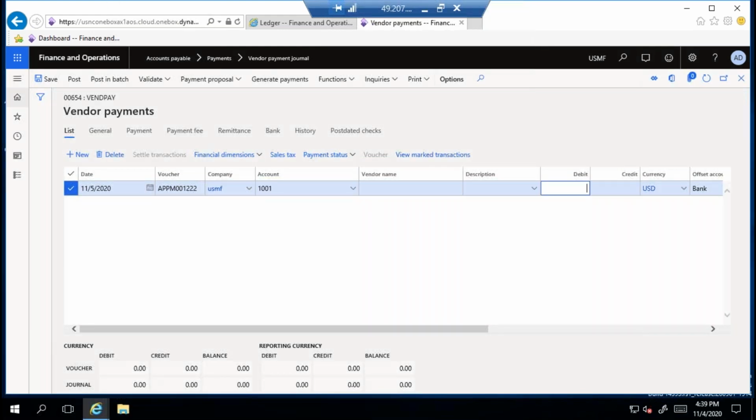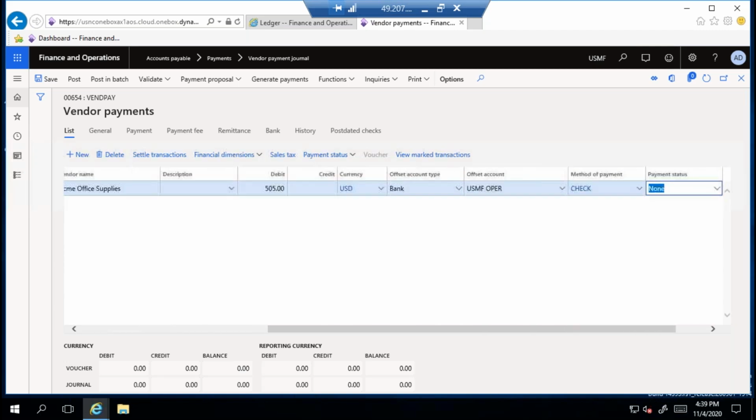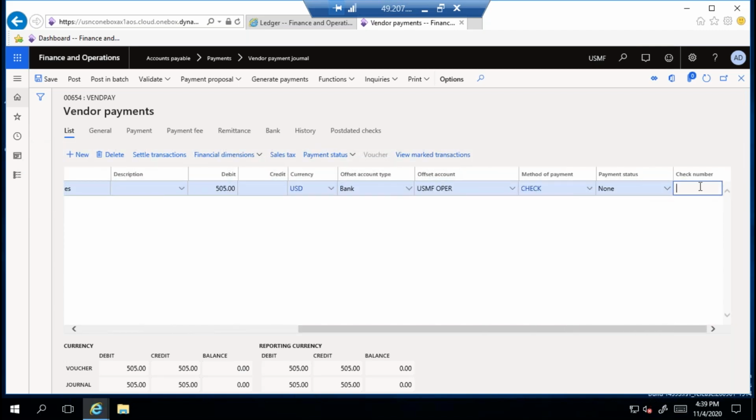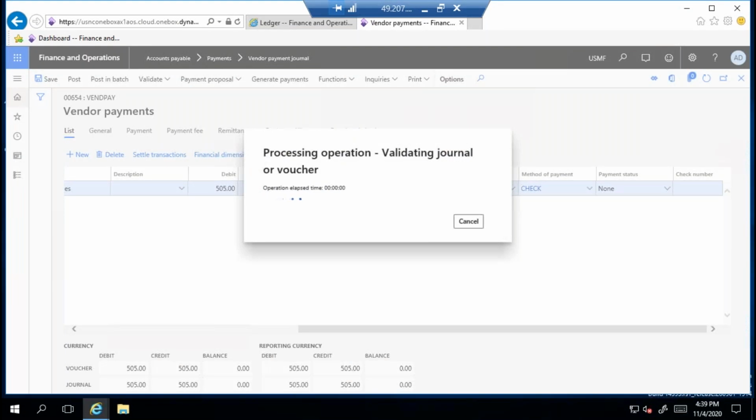During vendor payment, our bank balance will be decreased, so bank will be credited. That means vendor account will be debited. I have entered the check number, which should be filled in. Now I'm clicking on validate. Before posting, I'm just validating this one.